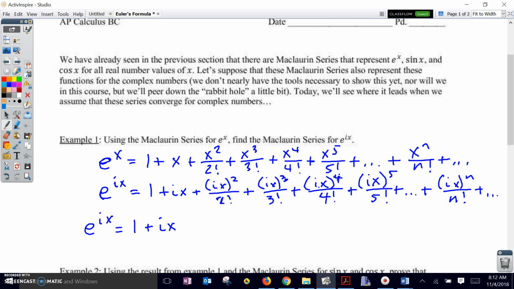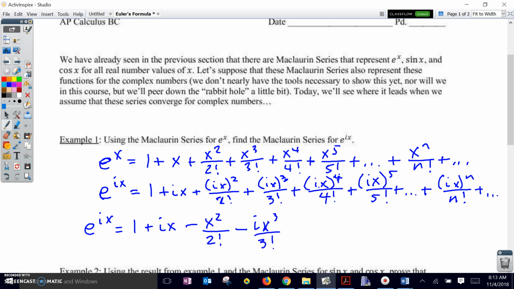So in fact, the complex portion of this term disappears. We replace it with a negative 1, and this becomes negative x squared over 2 factorial. And then we'll do the same thing with ix to the third. That's i to the third x to the third, which becomes negative i x to the third.